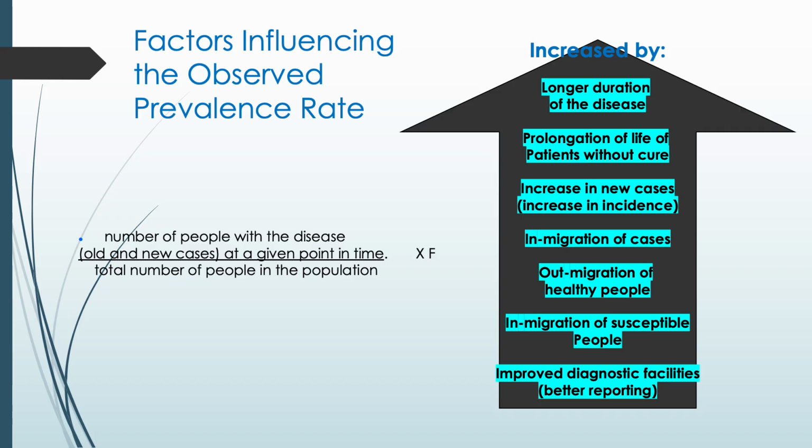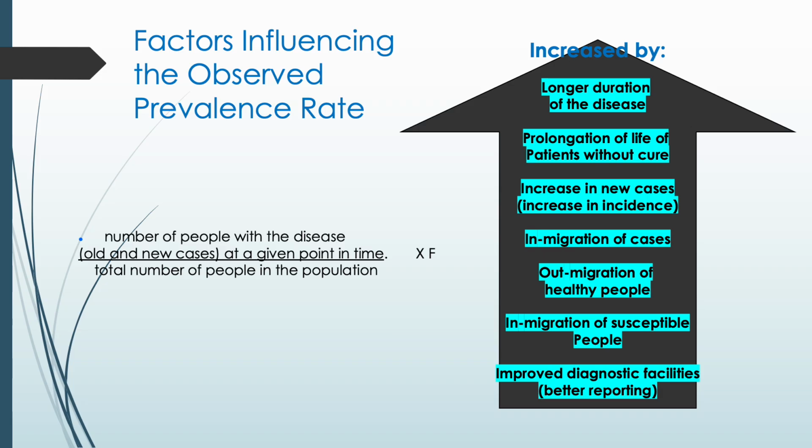So anything that will increase the numerator or decrease the denominator will, of course, result in an increase in prevalence rate. So anything that will increase the old cases or the new cases or both will increase the numerator, therefore increasing the prevalence rate.